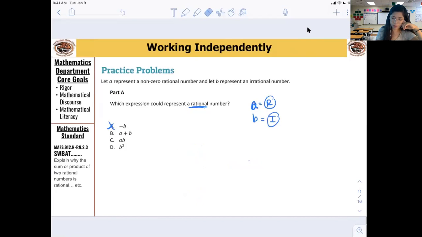How about B? What if I add these two together? So A plus B. What type of answer would that give me? Never rational. So can it be answer choice B?